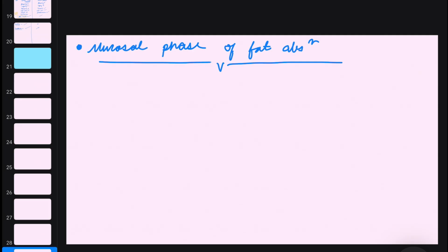It is again broken down into fatty acids and glycerol, and then the fatty acids, as we'll see in the next step, will form chylomicrons, which will be absorbed into the lymphatics. That is the post mucosal phase.